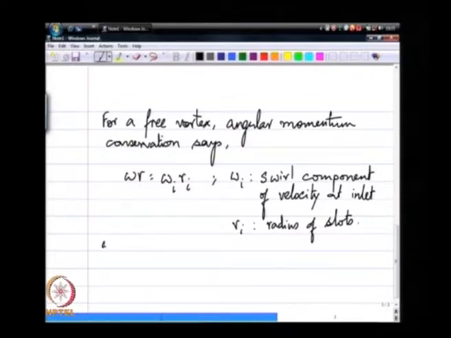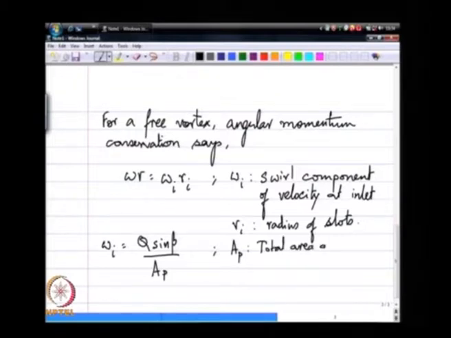Now, just to be clear what W I is, W I would be q times sin beta divided by A P. A P is the total area of all the slots put together.